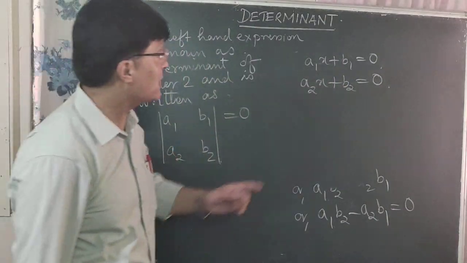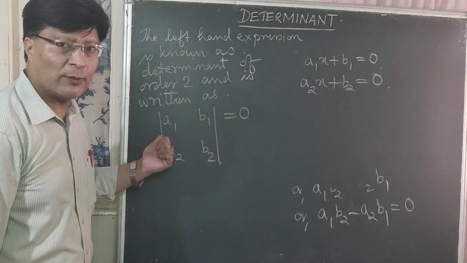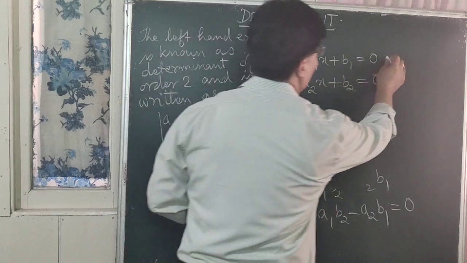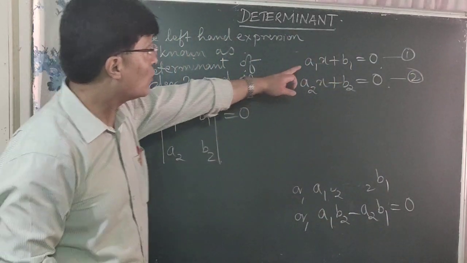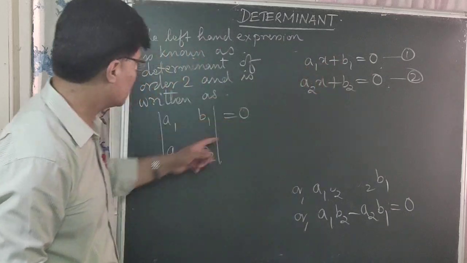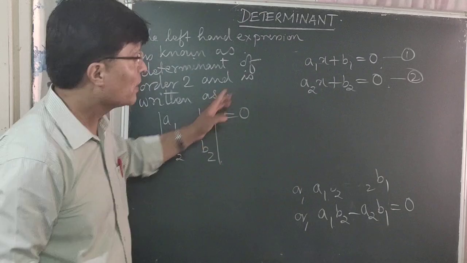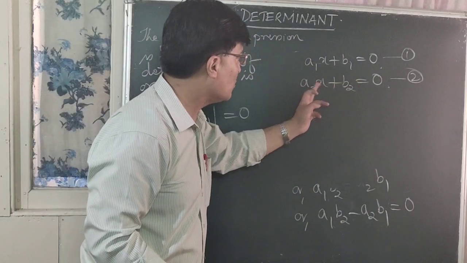If you eliminate x from these two equations, the expression will be like this. That is, this was equation 1 and this was equation 2. From equation 1, what is the coefficient of x? It is a1, it is written here. Then write down the constant term, that is b1. And in the second row, equation 2 is there. What is the coefficient of x?